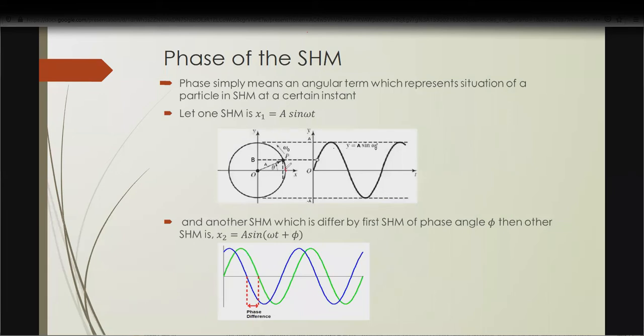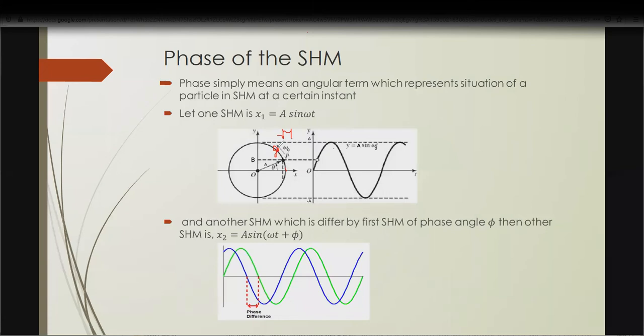When t equals 0, it is here. When t equals t, it is here. At the same instant, if another object, P, let's take it as a, starts from this point, and M starts from this point when t equals 0.